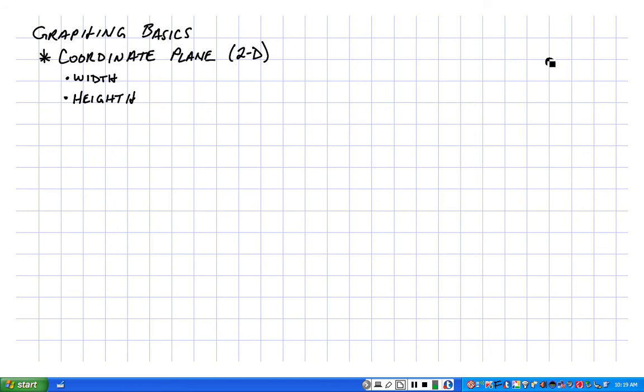We need to be able to measure the point we're looking for versus some known reference point, or point of reference. And we get this from my axes.